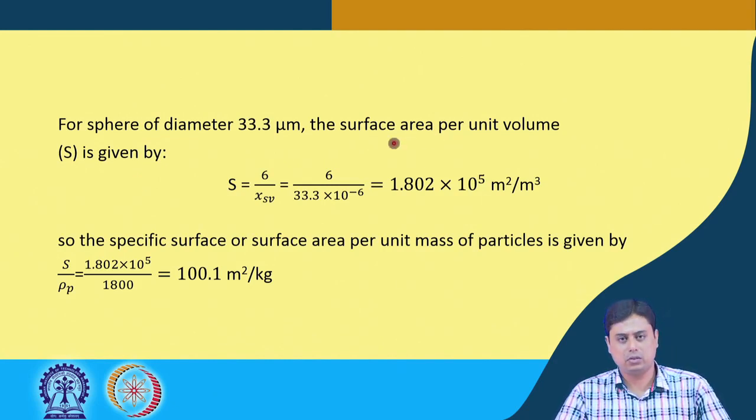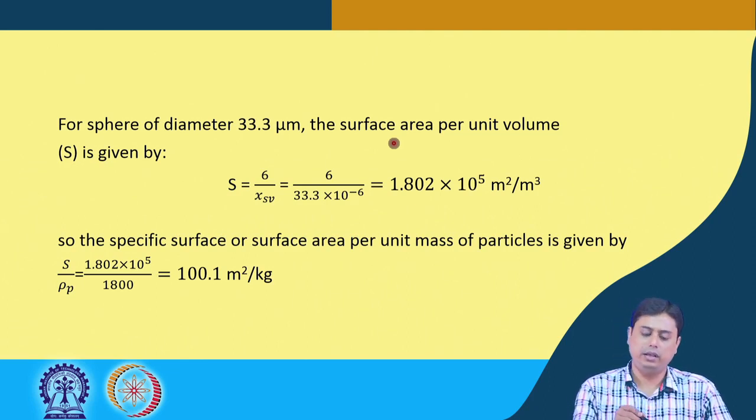It is 4 pi r square divided by the volume, 4/3 pi r cube. So, if you simplify that expression, it comes out to be 3 by r, where r is the radius of the spherical particle, which means 6 by d, or 6 by diameter, which is here 6 by the diameter, that is the surface mean diameter.